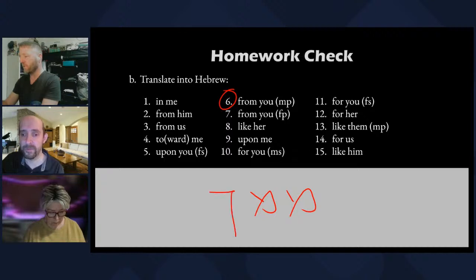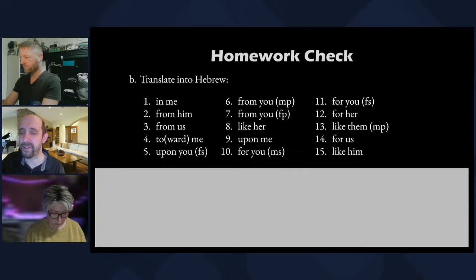Mimcha. Oh, plural. Mikem. Sorry. Mikem. It's like min, kem. You have to have the dagesh there because of the assimilated noon, right? Yep. And from you, feminine plural. Good notice. Same. Miken.